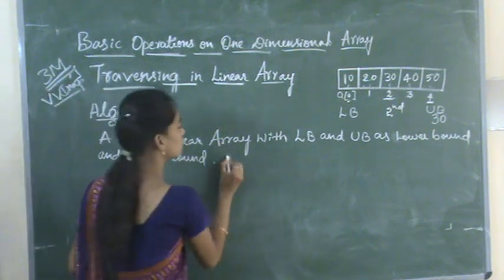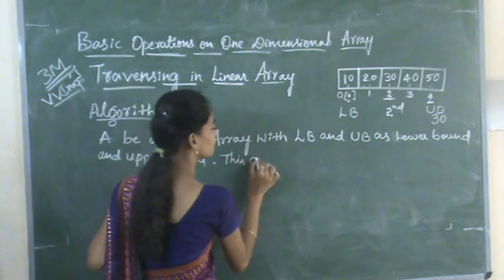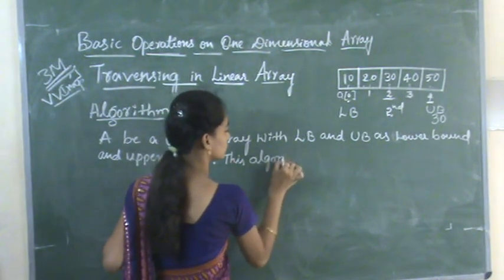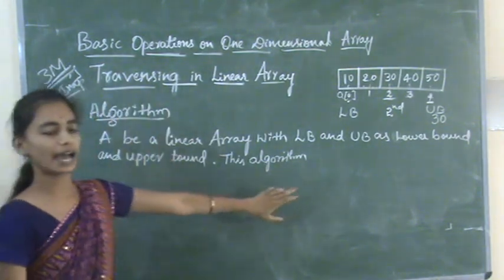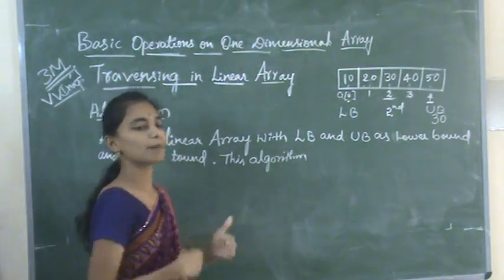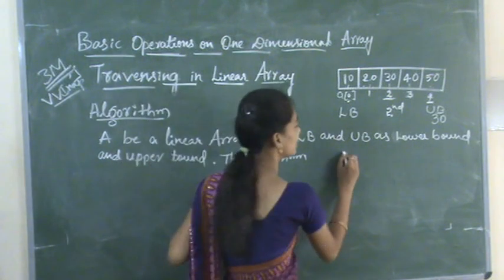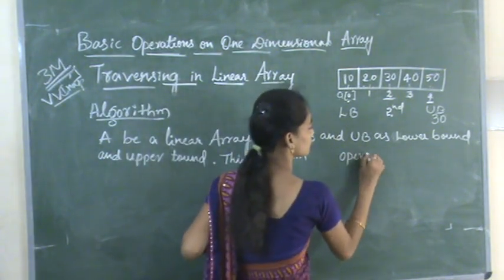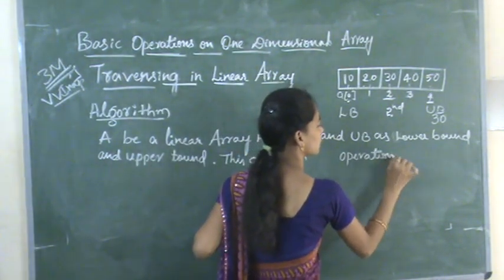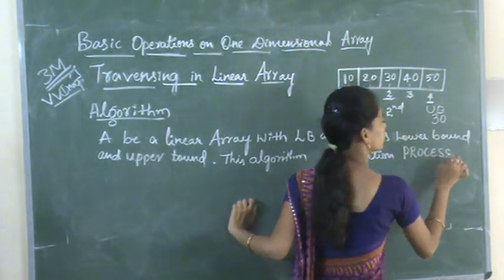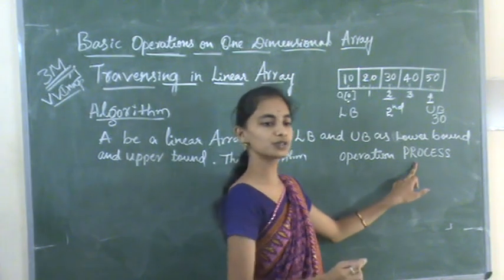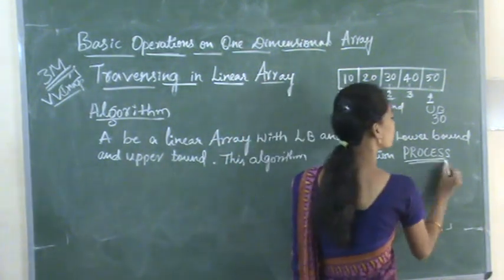So what will this algorithm do? This algorithm traverses an array by applying the operation called process. So here we are using one operation called process.